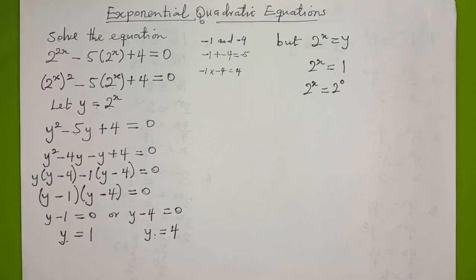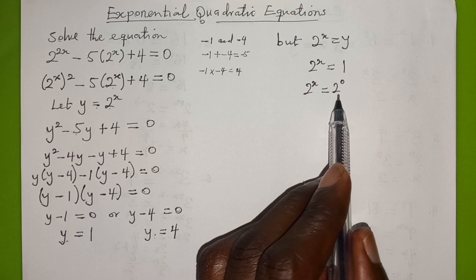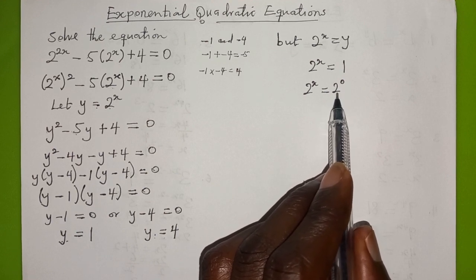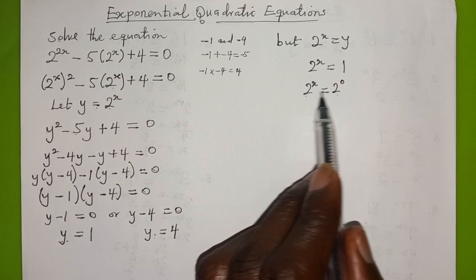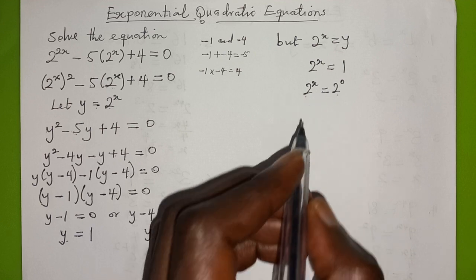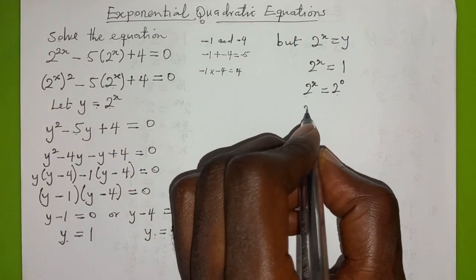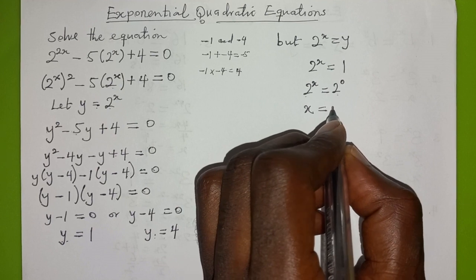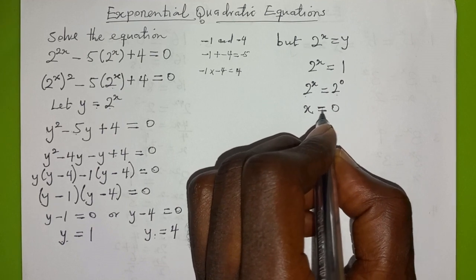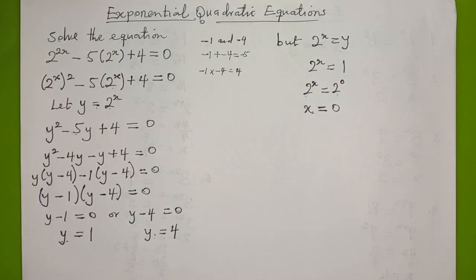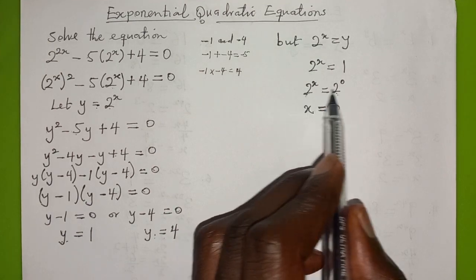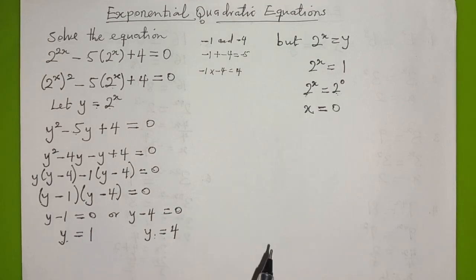Any number raised to the power 0 is 1. So I can just express this as 2 raised to the power 0 because I want the bases to be the same. So this would finally be x is equal to 0. Indices. Anytime the bases are the same, the powers should also be equal to each other.